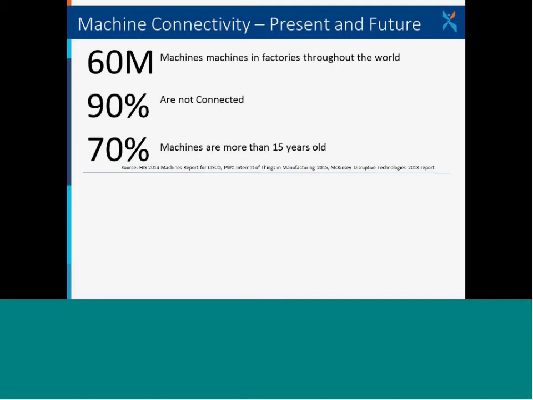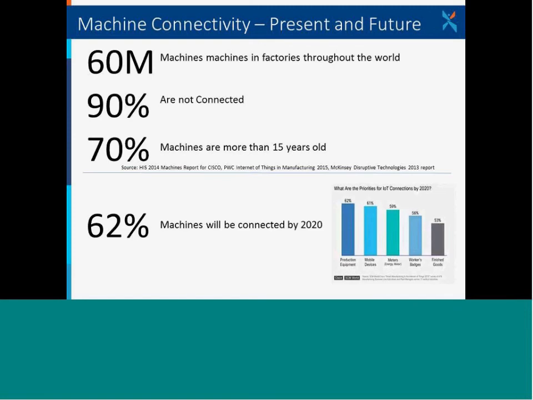While there's a lot of benefit in connecting these equipments and collecting data and doing a lot of things, there are challenges associated with that. But the forecasted figures are that by 2020, 62% of the machines will be connected, which is good news, because I think the attention that's coming onto smart manufacturing is going to enable the end users to hold the requirement for these machines to get connected, to collect data, and to present data in different forms.